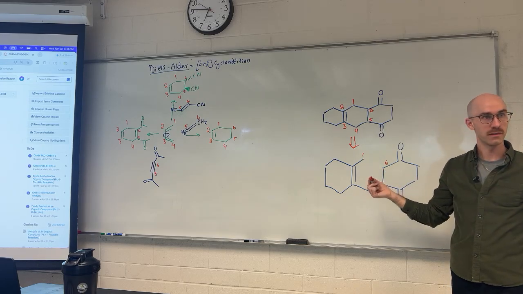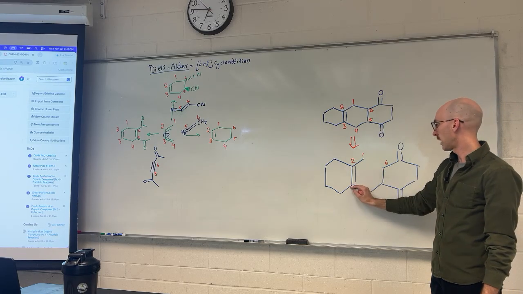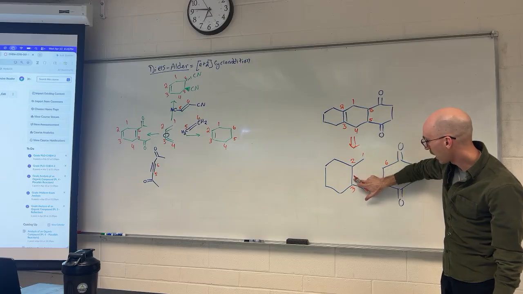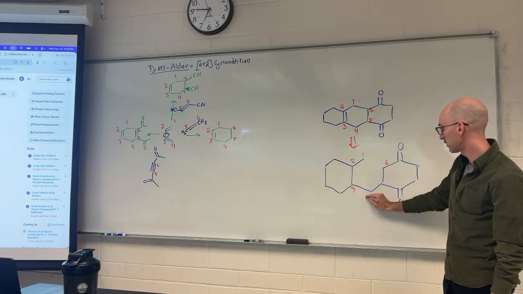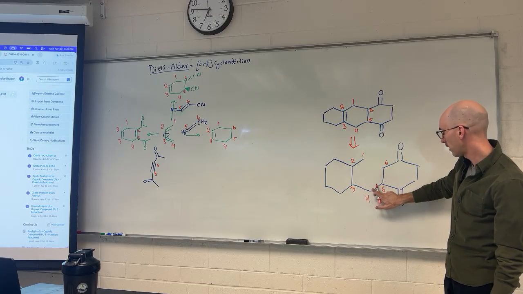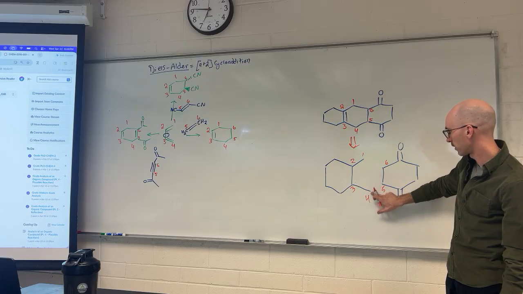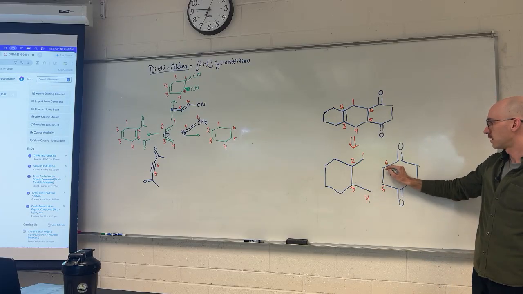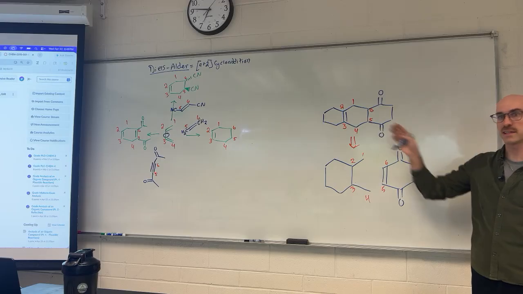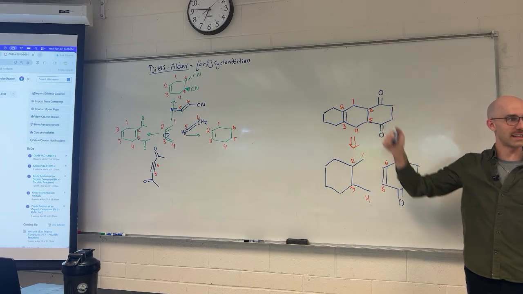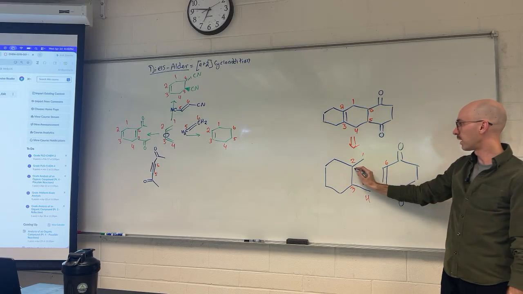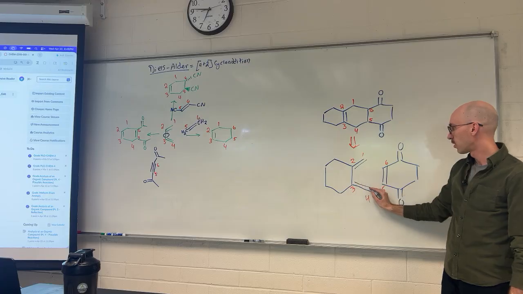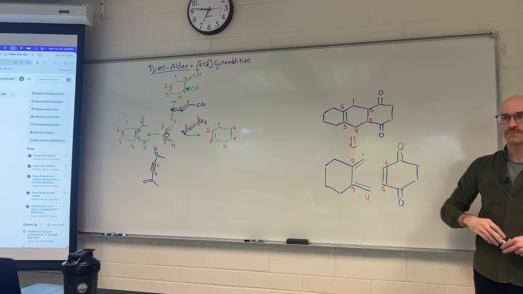You agree? 2 and 3, that pi bond needs to form during this process. 4 and 5, that bond needs to form during this reaction. 5 and 6 needed to have a double bond because a pi bond is consumed in the dienophile. 1 and 2 need to have a bond. 3 and 4 need to have a bond.